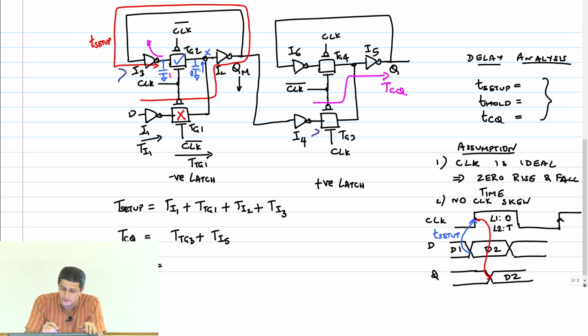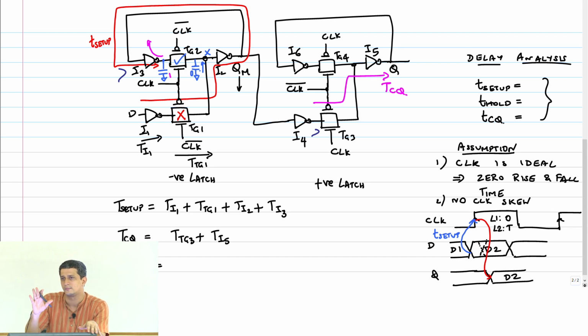Right? So for example, if I bring this edge very close here, then I cannot guarantee that D2 will be captured. In reality, theoretically we will see. So now again tell me what is going to happen when my clock goes high, and how do you think a change in D2 cannot just slip inside and get into QM? Because if the change goes into QM, then I can't be guaranteed that the feedback loop will not capture that value.